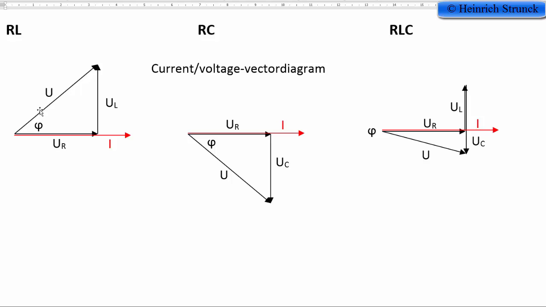And the supply voltage, or sum of these two voltages, is the impedance multiplied by the current. We still have the same angle, phase shift phi, and we can see here it is the angle between the current and the voltage.